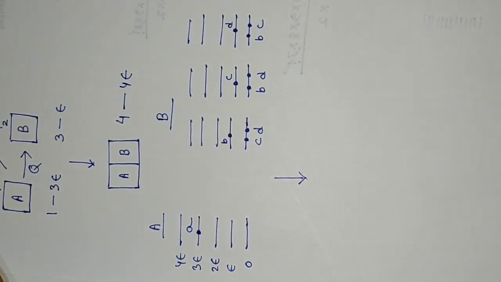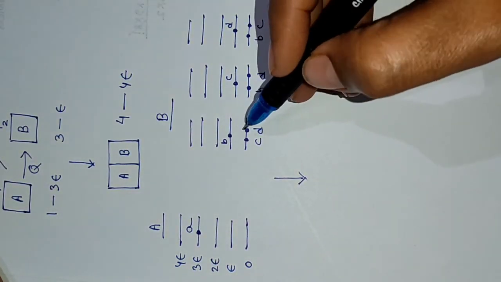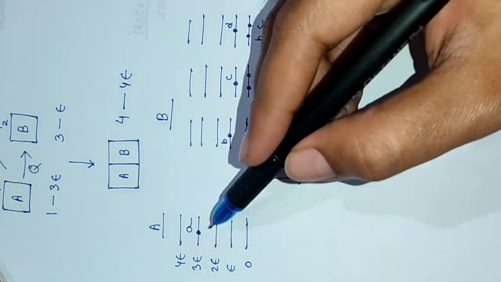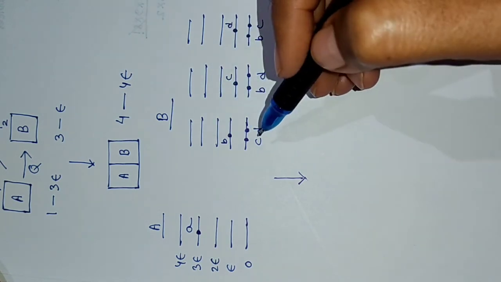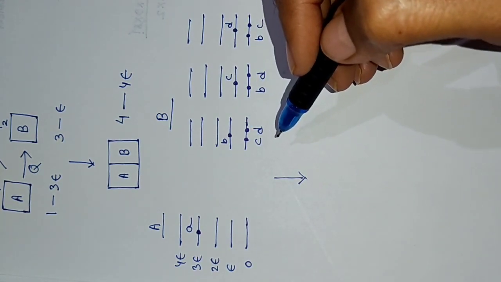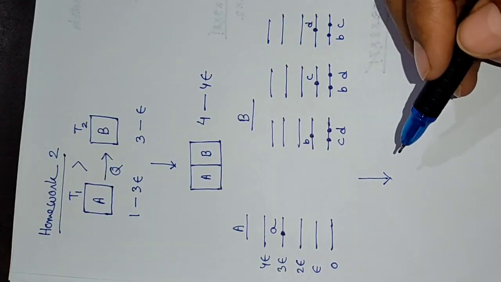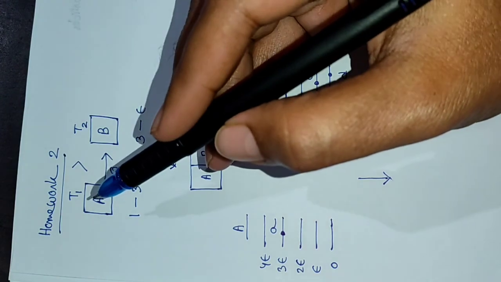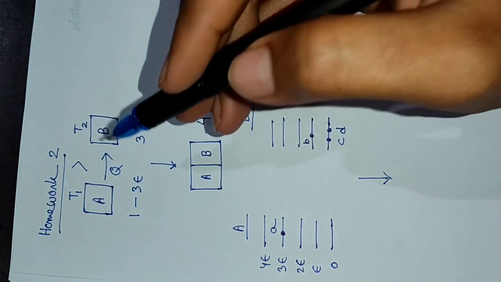So these particles will gain the energy that is being lost by this high temperature body, hot body, and they will enjoy higher levels. So we can say from this probability judgment, considering thermodynamic probability, that heat flows from hot body to cold body spontaneously.